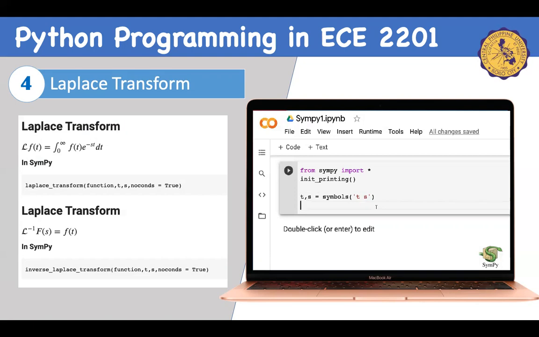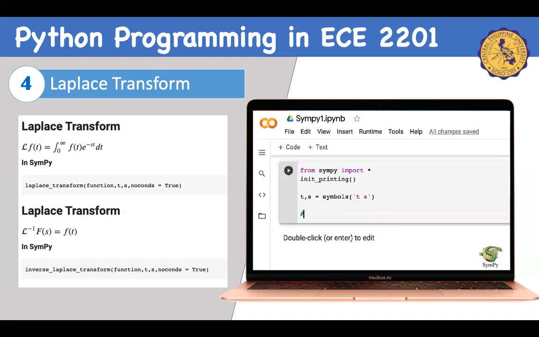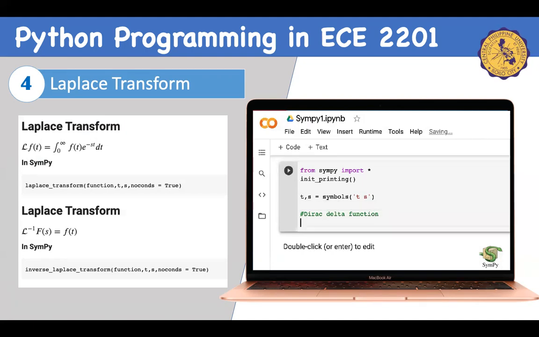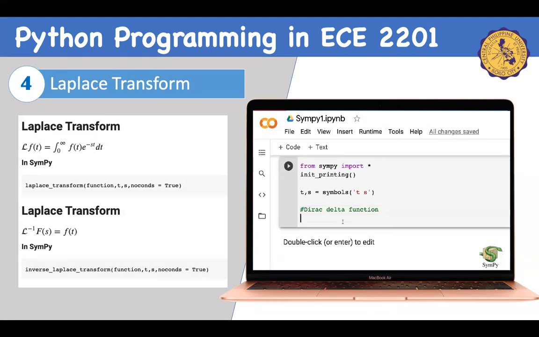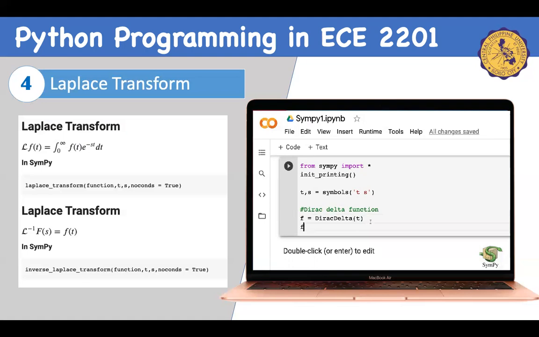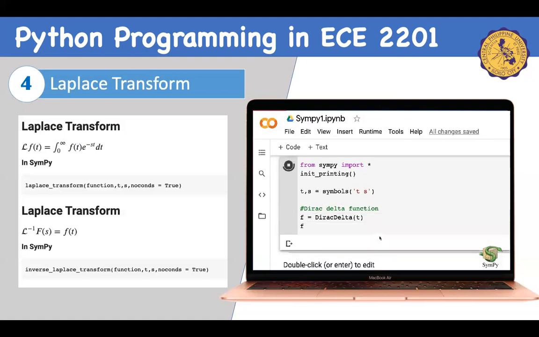Now let's try the Dirac delta function. How do we represent the Dirac delta function? It can be represented by f equals DiracDelta, as a function of time. If you want to view the symbol for the Dirac delta, that's it.